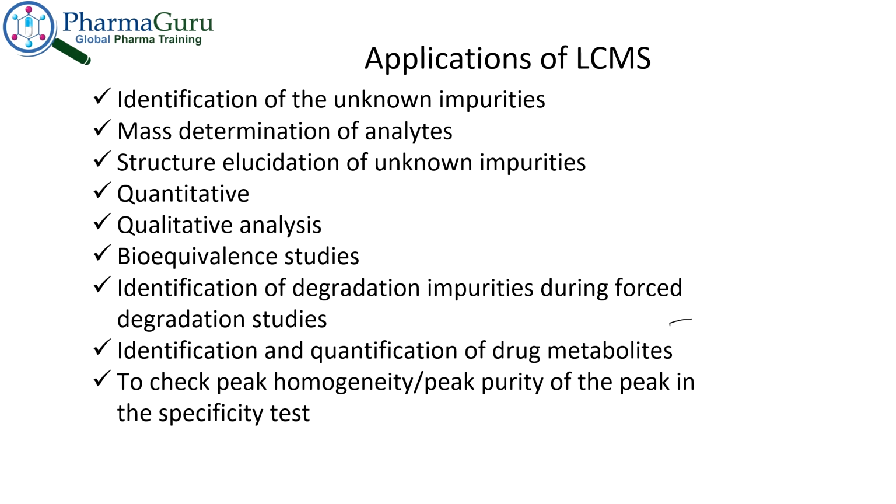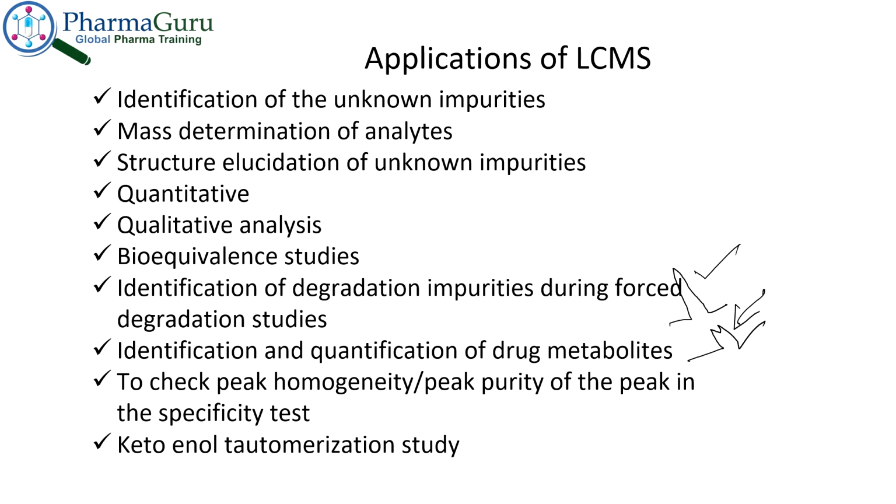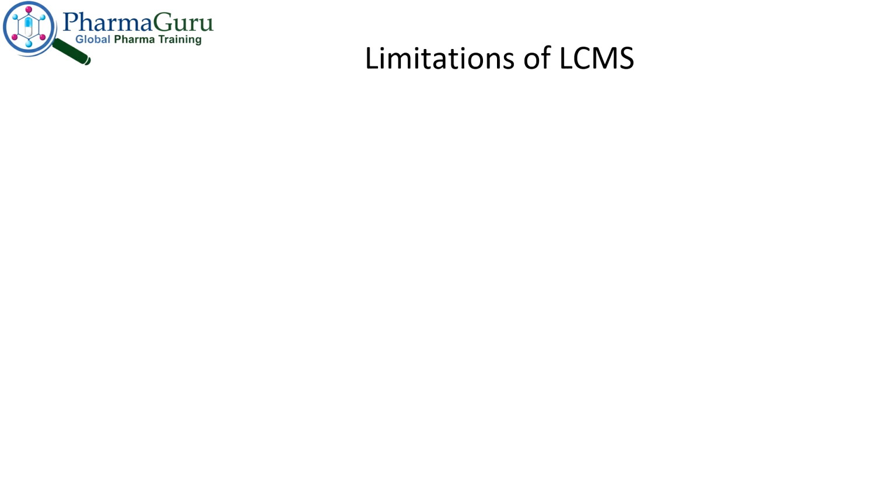If peak is pure, means there is only one peak, then single mass is observed in the mass spectrum. If any merging is there in the peak, then multiple masses are observed in the mass spectrum. Keto-enol tautomerization in pharmaceuticals like pioglitazone.